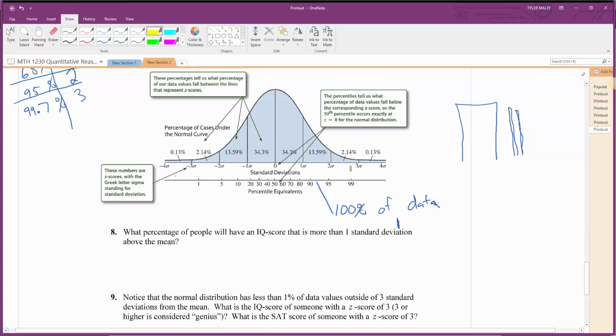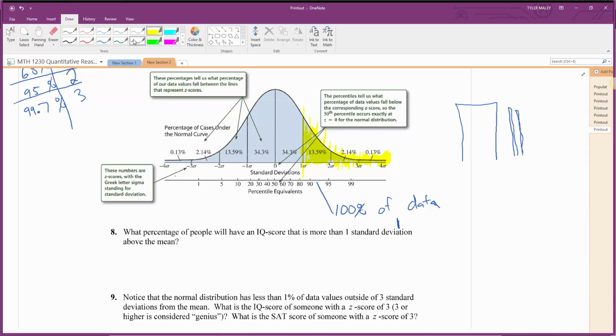We want to know the percentage of people that is more than 1 standard deviation, so we want all of these values.